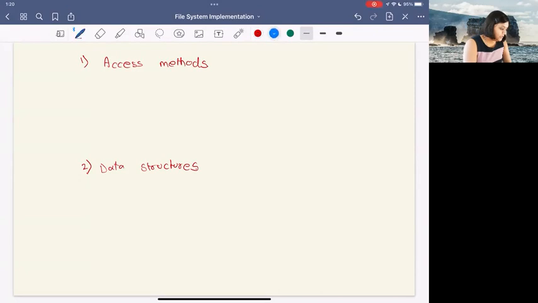So access methods, that is, how does the file system map the calls made by a process?